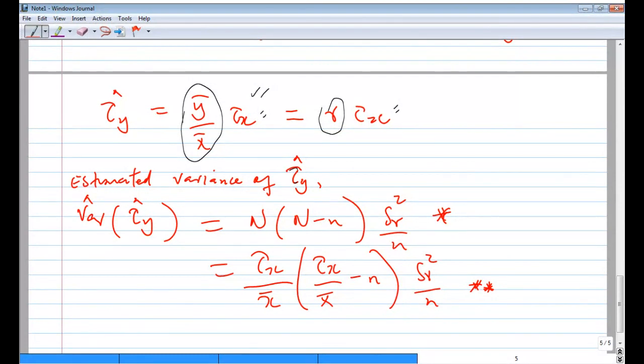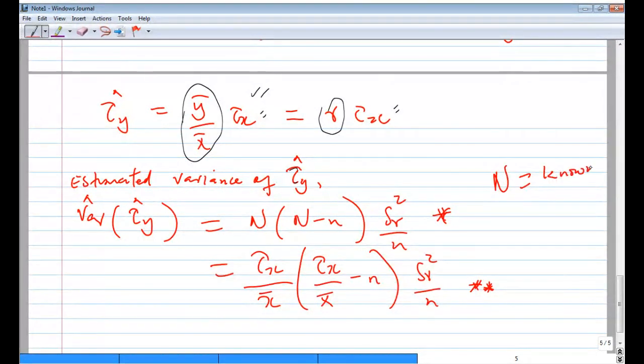Can you please repeat what you said about the last two equations? Okay. These are the formulas you can use if you want to estimate the variance of the estimated population total. The first one you can use if the population size is given, in other words, if big N is known.